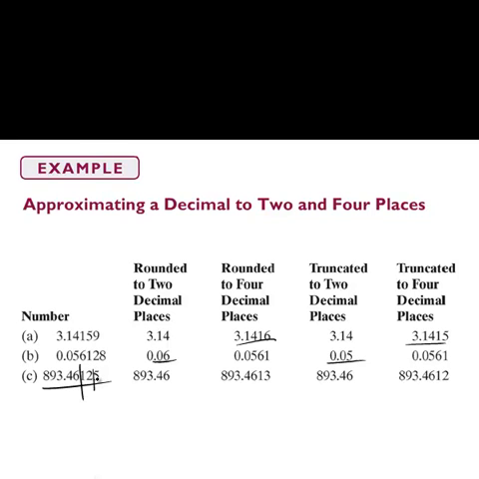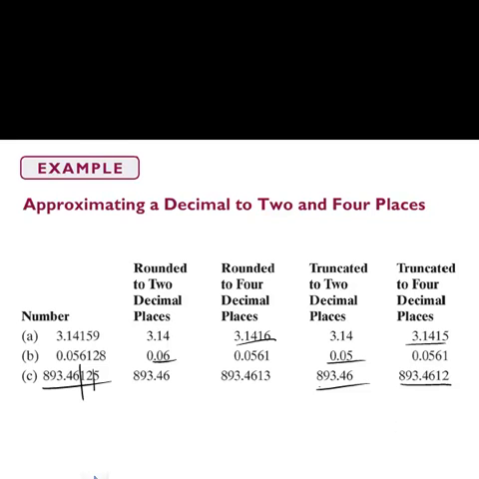According to our rounding rules, because this right here is a 5, this 2 will go up to a 3. But the truncation is going to be the same for the 2 decimal places, and that 2 doesn't change for the 4th decimal place for the truncation.